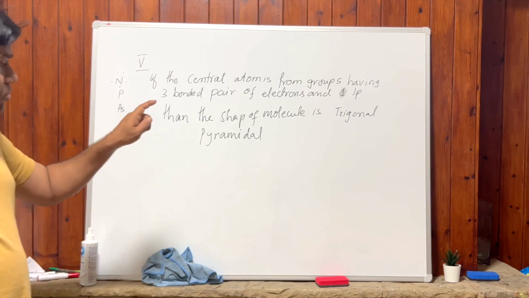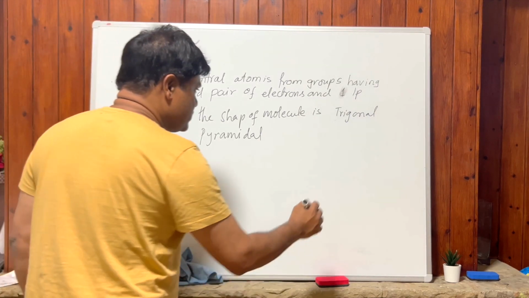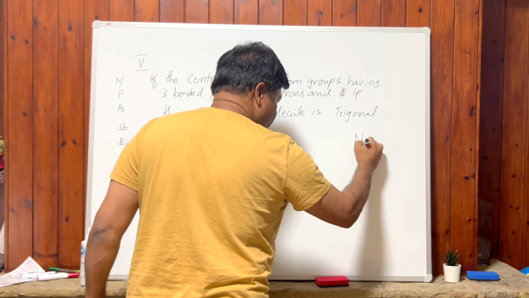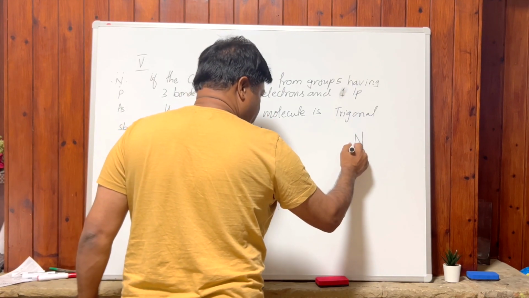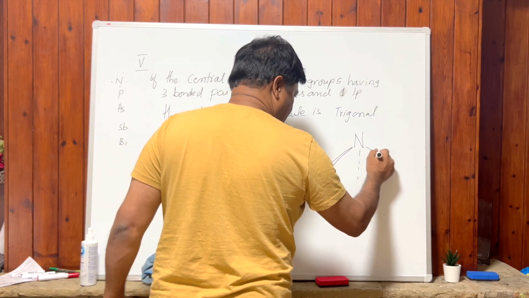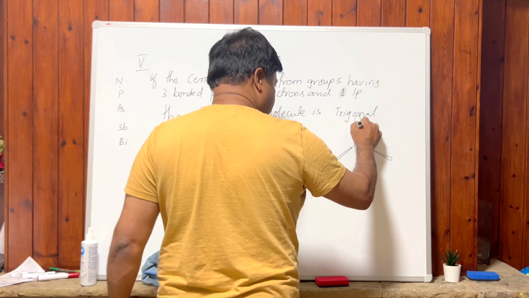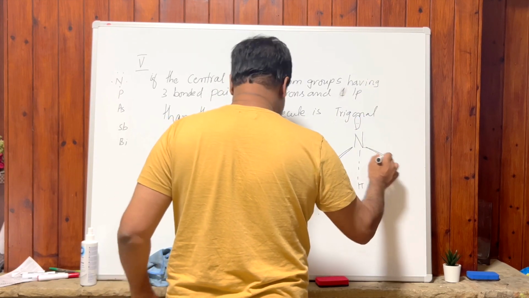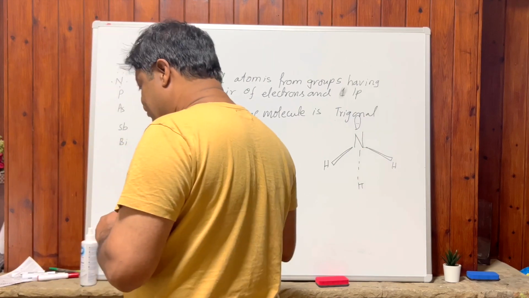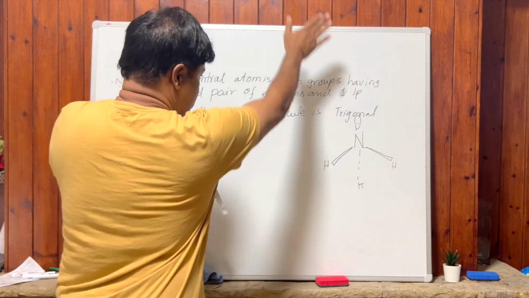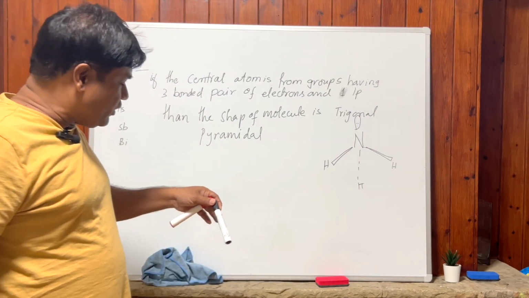It is not a planar molecule, guys. This is a 3D molecule. Look, the central atom is group 5, having 3 bonded pairs of electrons and 1 lone pair. Hydrogen, hydrogen, hydrogen. It's like a tripod of a camera, guys. These two are in the plane of the board.